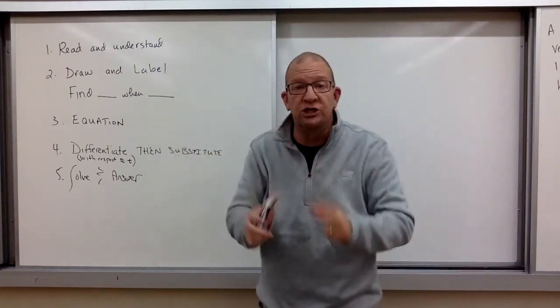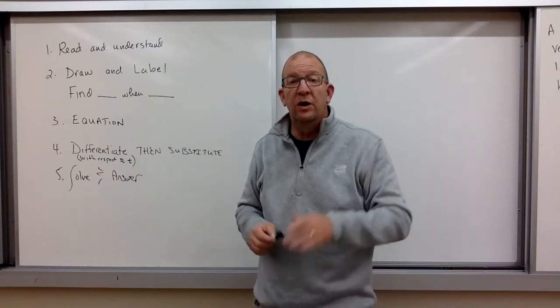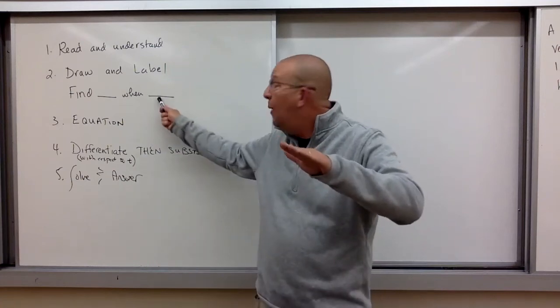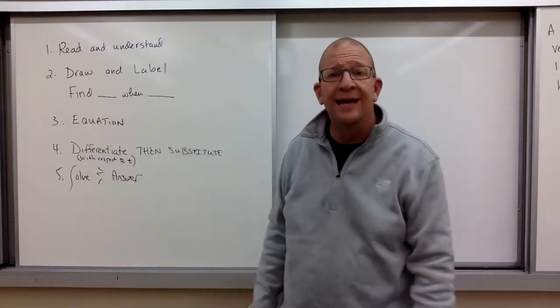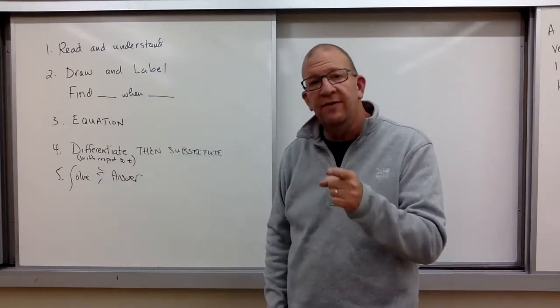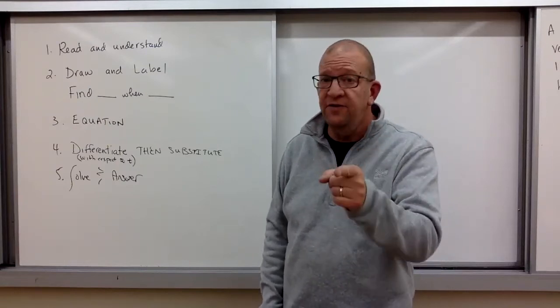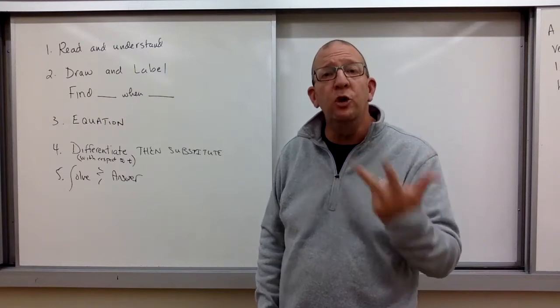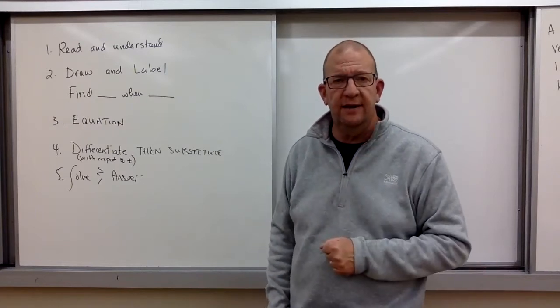And then we measure stuff while we're frozen, right? So we're going to stop the action. That's the when. And then the find is what we're asking you to find. And the other secret is, it's all in the context of the problem. As your physics teacher will tell you, let the units tell you what to do. We'll see that in just a second.